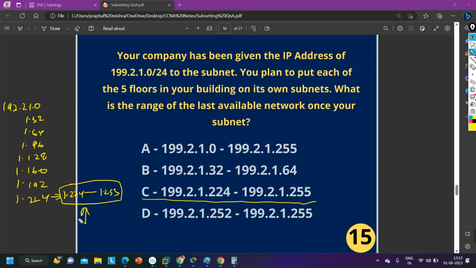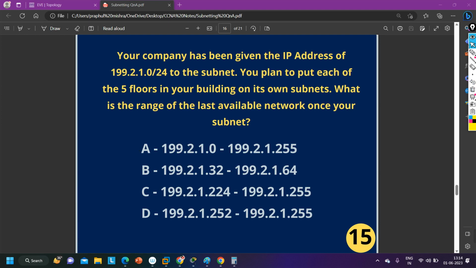This is the range of the last network. Getting my point? Is it clear now? Option C is the right answer, not option A. Option A is the wrong answer.